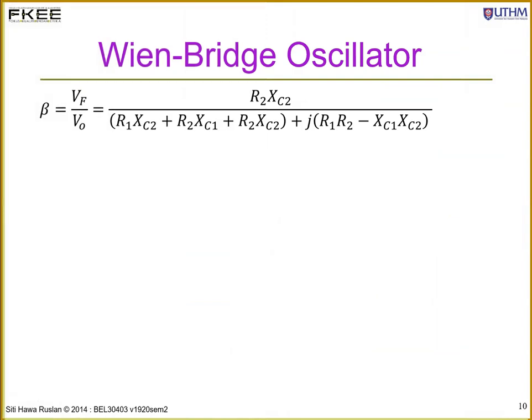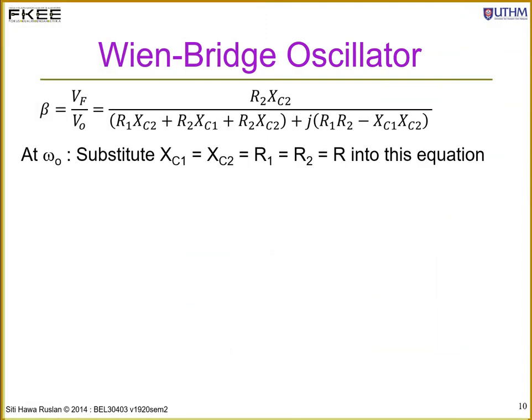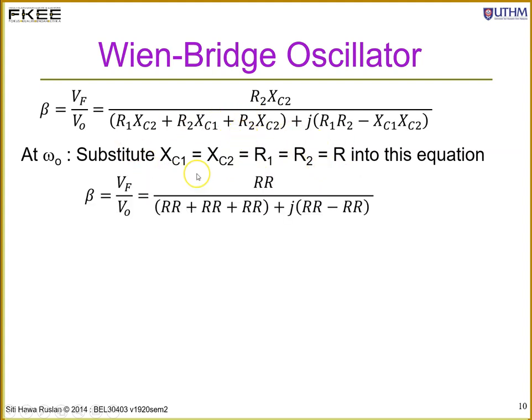So with that, from the equation of your beta just now, you substitute XC1 equals XC2, and R1 equals R2, and simply it is R in this equation. Okay, if you substitute everything, R2 is R, XC2 is also R, R1 is R. And similarly for this part, R1 R2 is just R, XC1 is R, this is also R. Simplify this equation, R minus R will be 0.